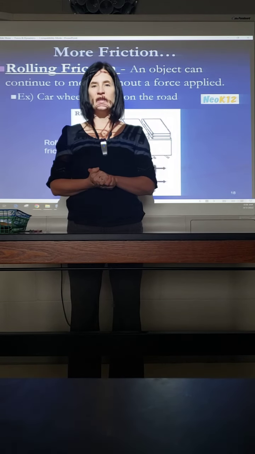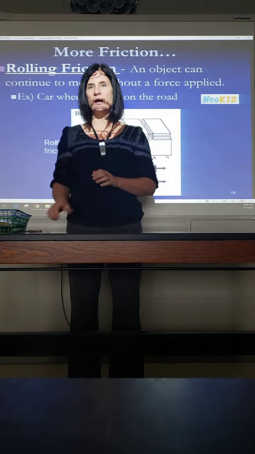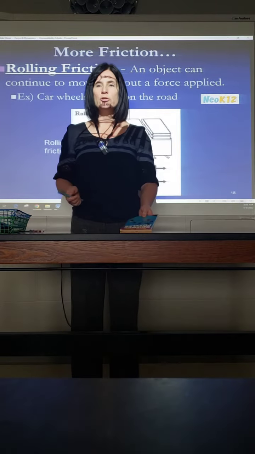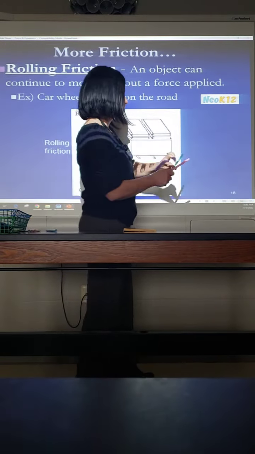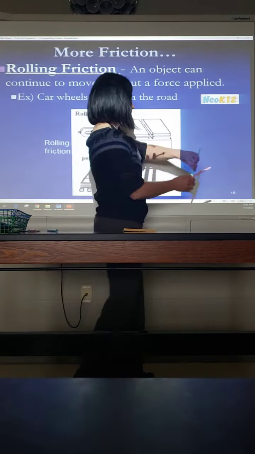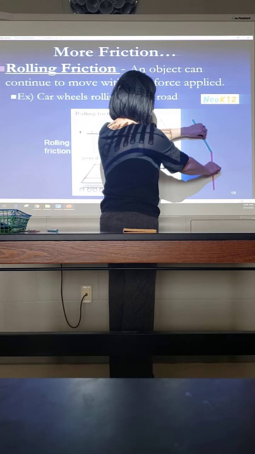So the idea that if you are on a slanted surface, like if you're like this, my normal force is going to just follow the surface, and it is going to be perpendicular at all times. So it forms that 90-degree angle. So if this is my normal force, if I'm at an angle, gravity is not perfectly canceled out.